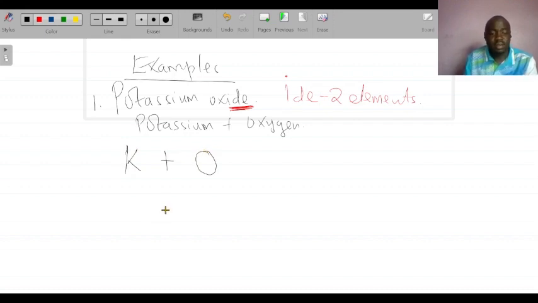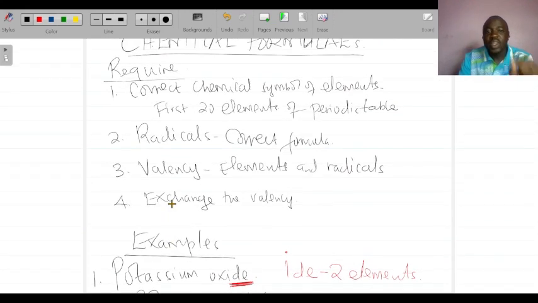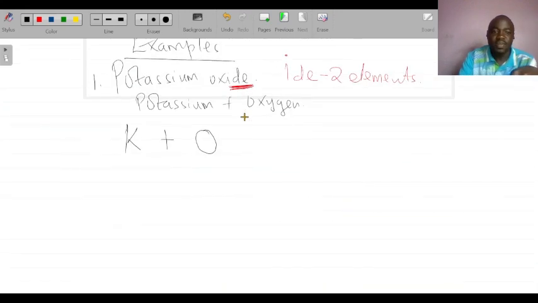What is their valency? Potassium is in group 1. That is why I go back to the first requirement: as a student, you must be able to get the first 20 elements of the periodic table in terms of their symbols, their valencies, and so forth.